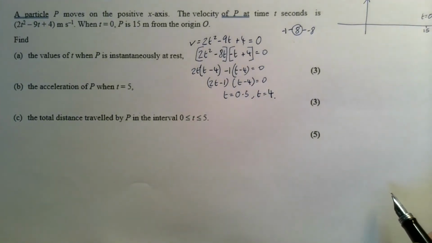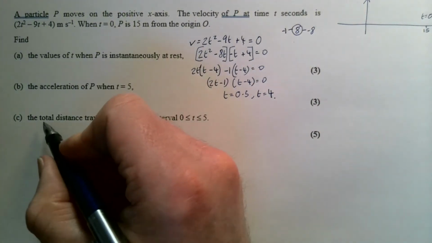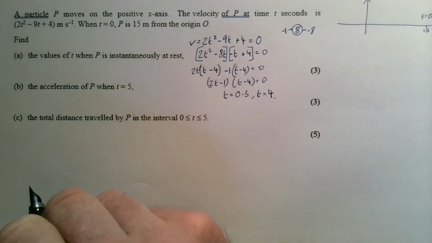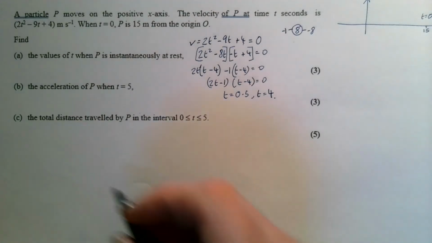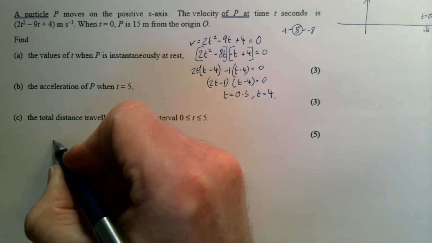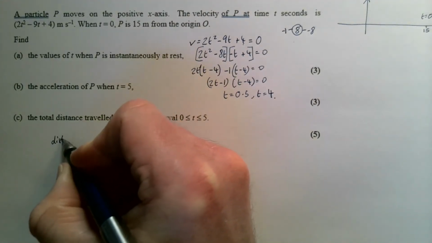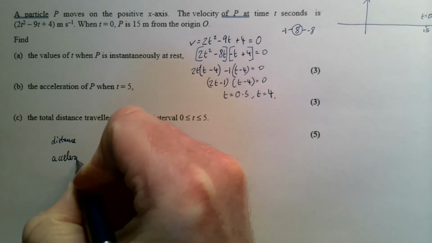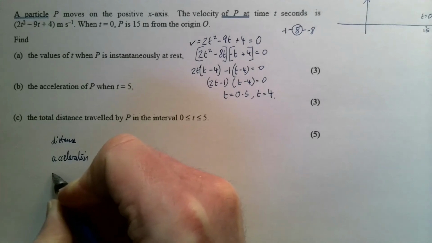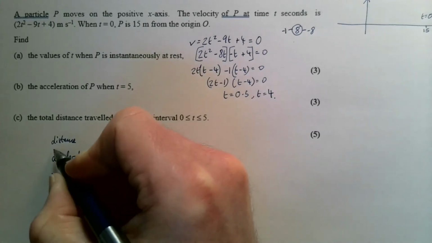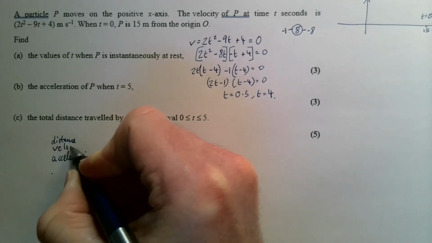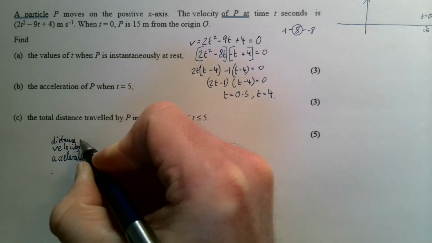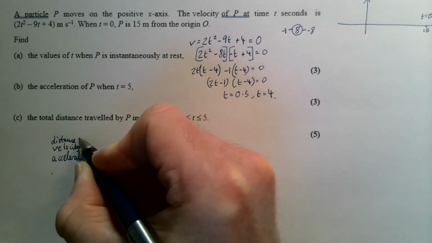Now part B, and I'm going to do that over here, the acceleration of p when t equals 5. Now before we go any further, we just need to think about what's happening with distance, acceleration, and velocity's in the middle, isn't it? And the clue to all of this is the units.